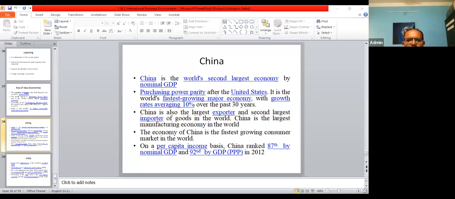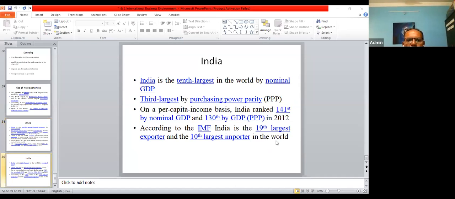So hedgers are those who minimize risk. And speculators are those who take advantage out of the business. So speculators are also playing an important role in the foreign exchange market.